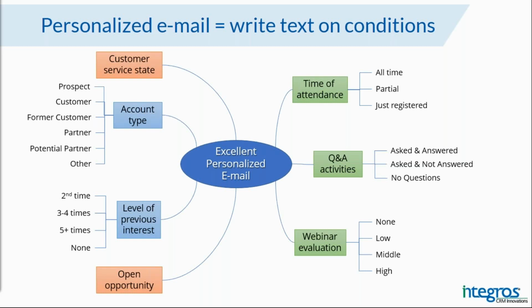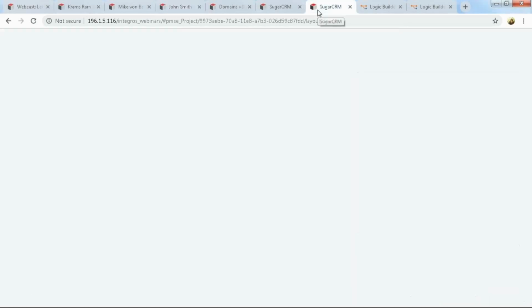But with Logic Builder, it can be easily configured using If-Then logic to define what partial text we need to include in our message, and how to combine them all together into that final follow-up message that will be sent to our customer.